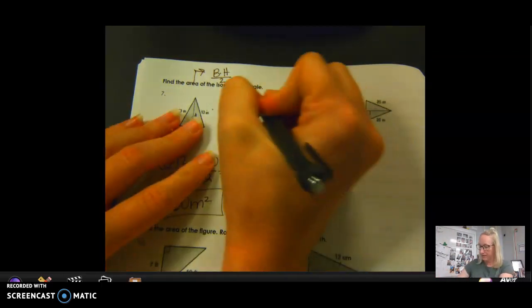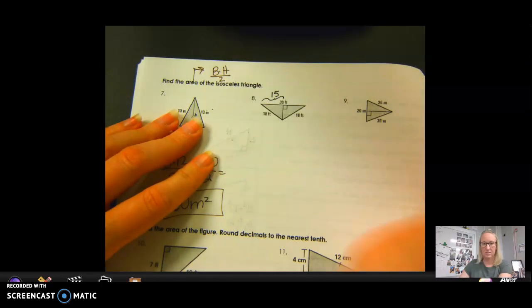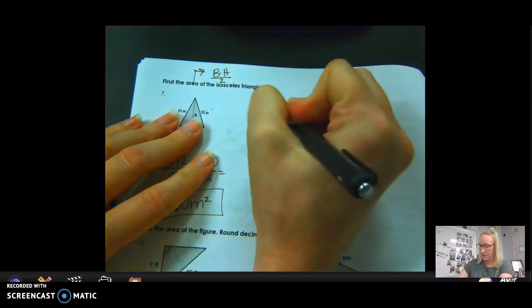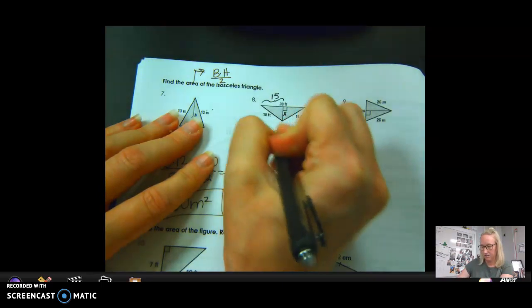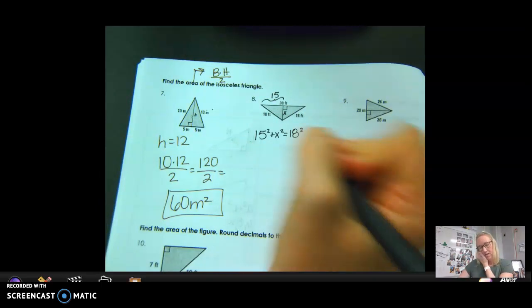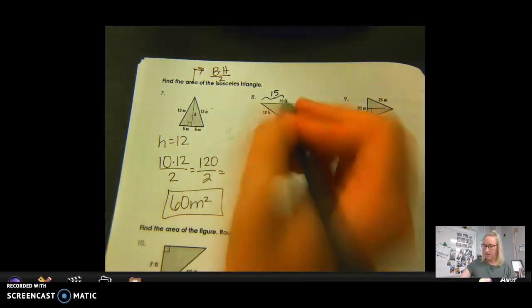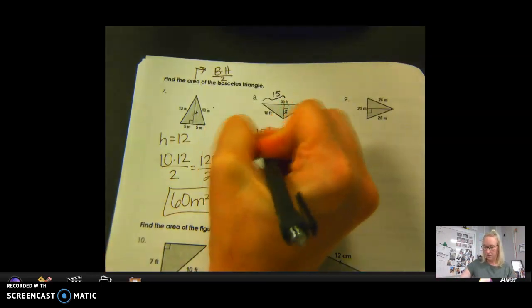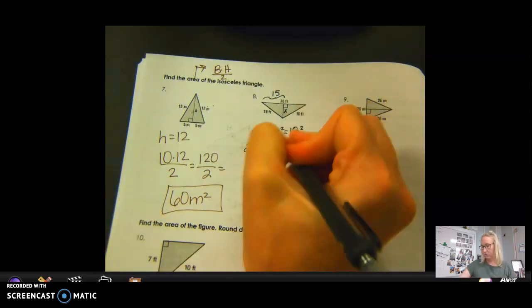This one gives me the base, but all the way across is 30, so I'm going to make that halfway across, 15, so I can find this side, which is a leg. So I'm going to do 15 squared plus x squared equals 18 squared. 15 squared is 225. 18 squared is 324.